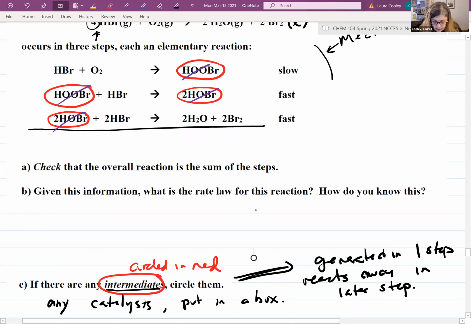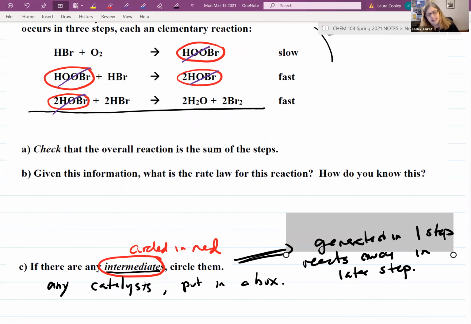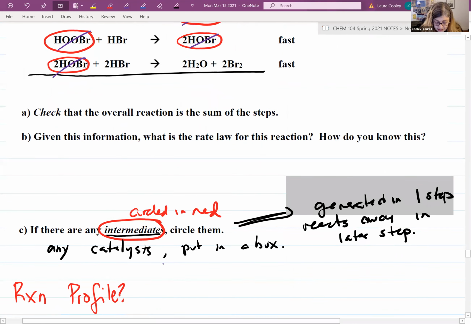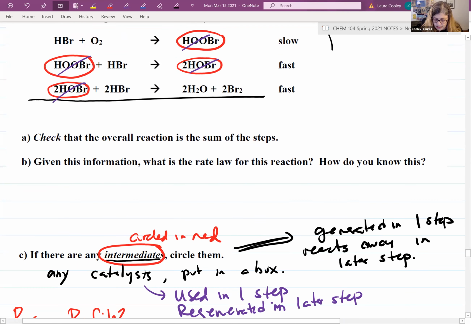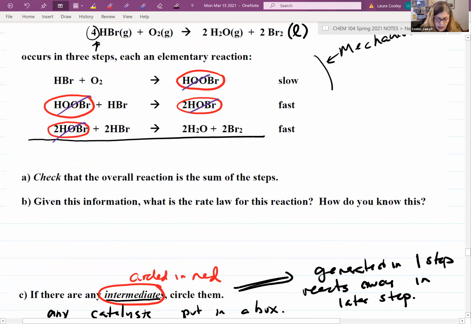Okay, so now let's look for a catalyst. Maybe there's no catalyst because I didn't ask you to find any here. There's no catalyst because a catalyst is used in one step and regenerated in a later step. So let's look at this now. We have oxygen.